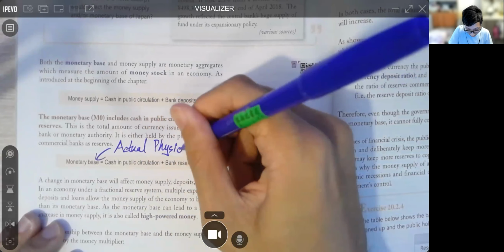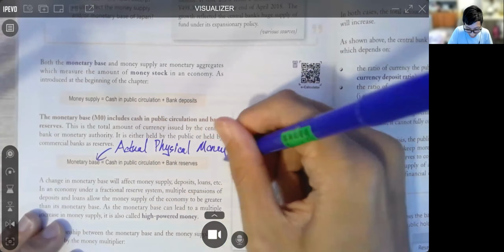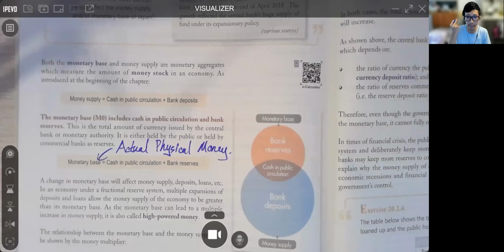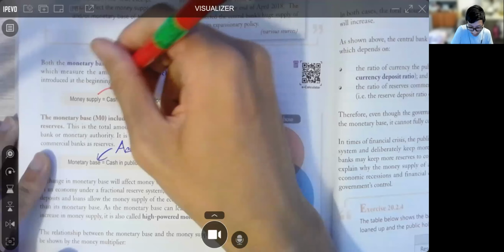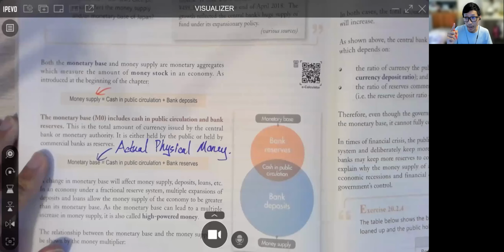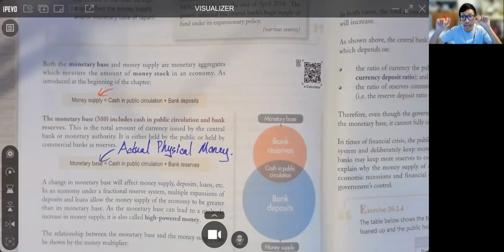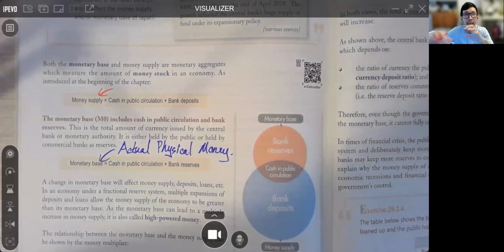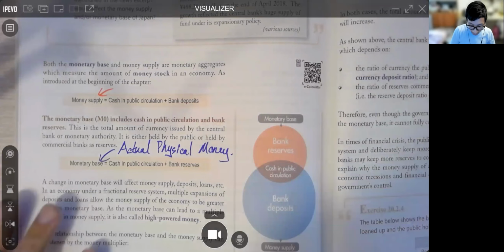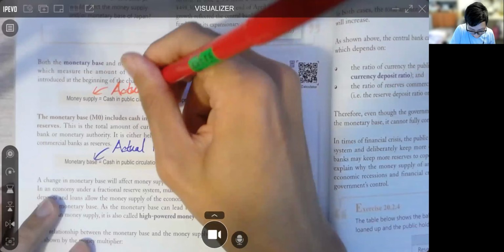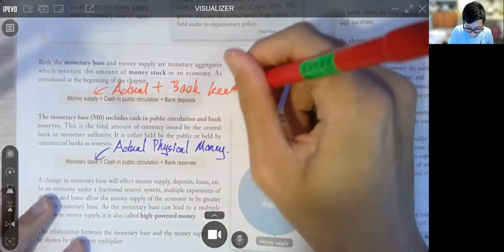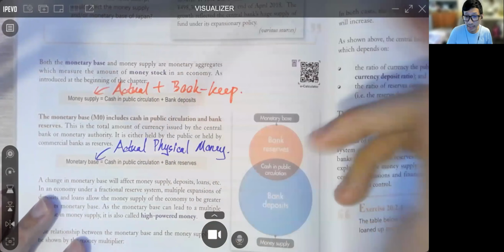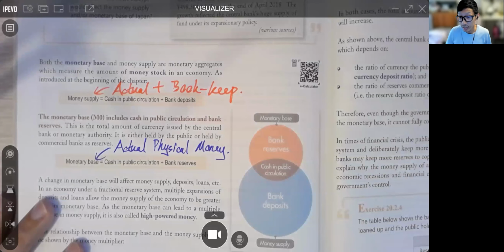It is real money you can actually touch. Money supply is not, because if you remember, some money is created through loans. When they get the loans, they deposit the money into another bank. So it is actual money plus some bookkeeping. Some figures and accounts are bookkeeping and don't physically exist.